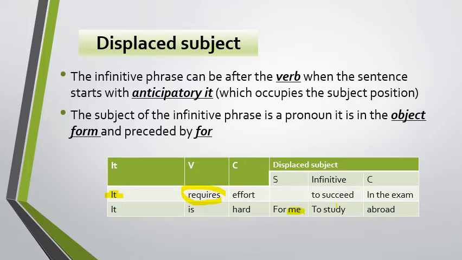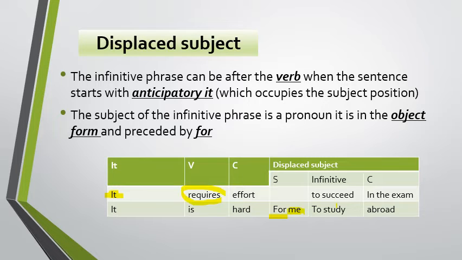Even though it is a subject of the infinitive phrase and it's a pronoun, the form of this subject is the object form, as we know that if it were a pronoun in the subject form, it would be I, he, she, it. However, it's a subject here, but this pronoun is in the object form. In the other case, it's preceded by for.